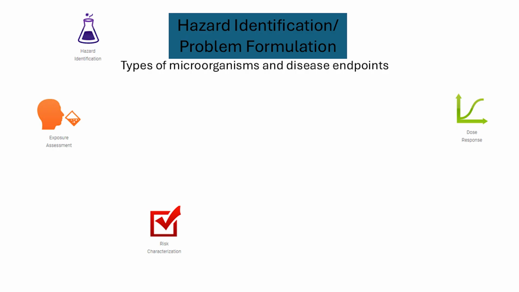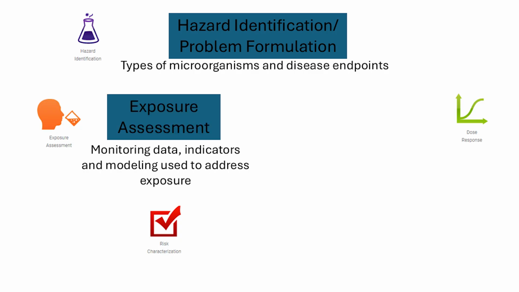So in our first step, hazard ID, we want to identify the type of microorganisms or disease endpoints associated with those microorganisms. Sometimes we know them. A lot of times we have to pick a target, and other times we have to do retrospective analysis. Exposure assessment relies a lot on monitoring, but as I like to tell my students, you can't measure everything everywhere all the time.